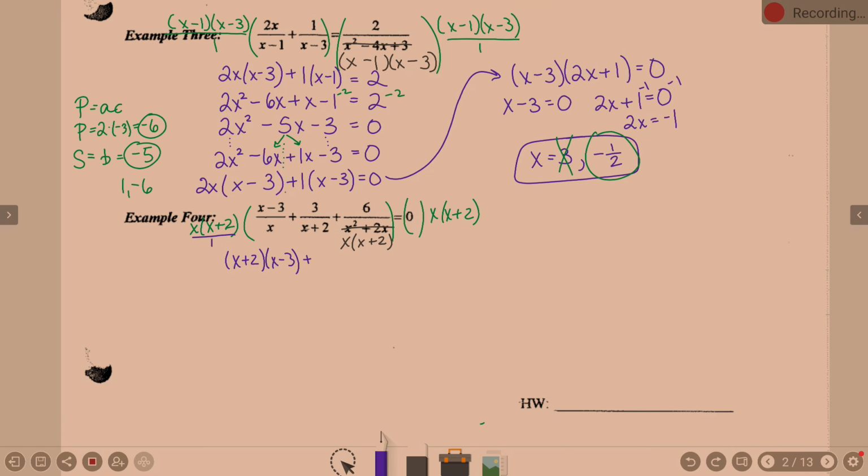X plus 2 cancels with x plus 2. So I have 3 times x. Plus the last fraction. X and x plus 2 cancel, so I'm left with my numerator of 6 equals, on the right, 0 times anything is 0.